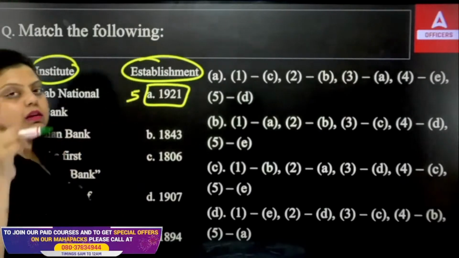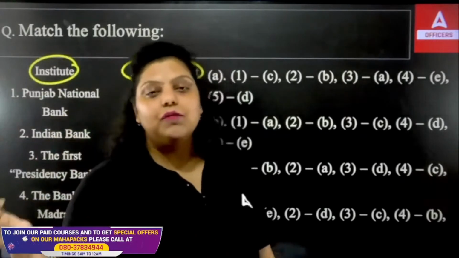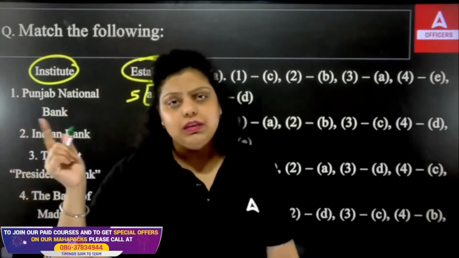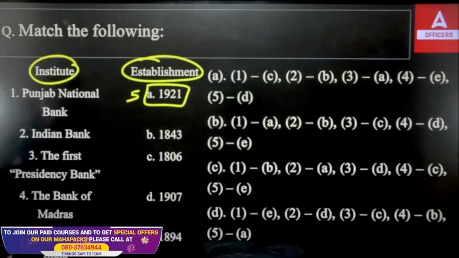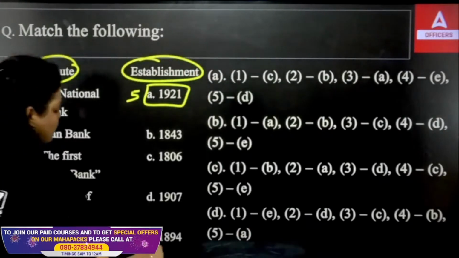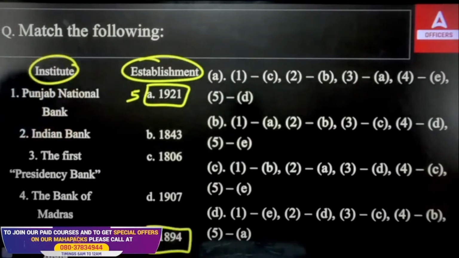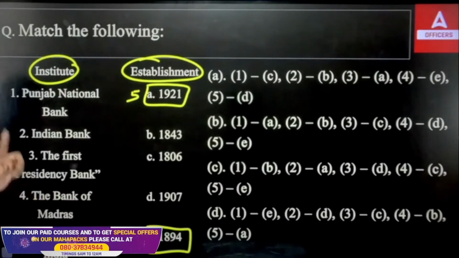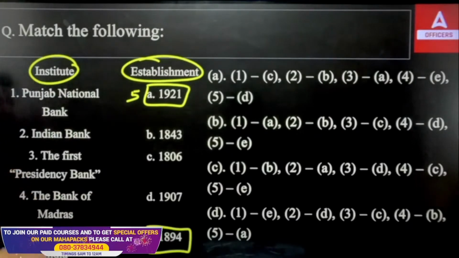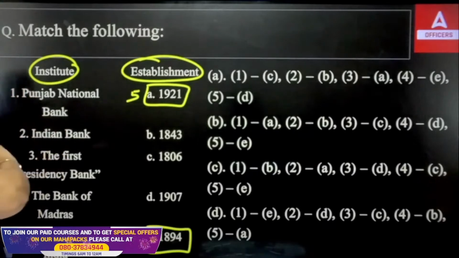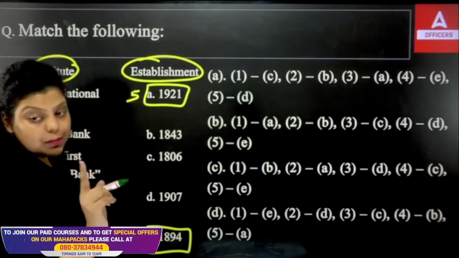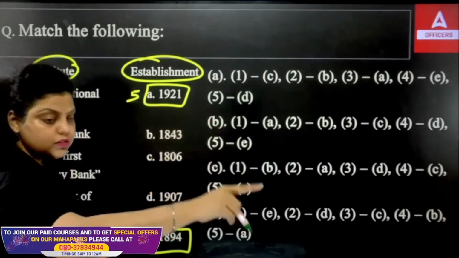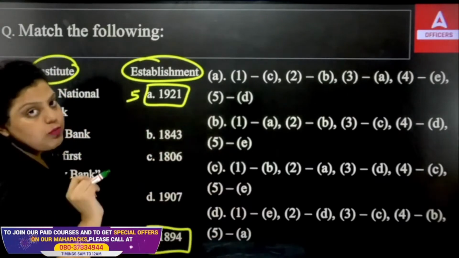Because after the merger of all the presidency banks, we created Imperial Bank of India. So I remember the year. Now, do I know Punjab National Bank? Yes, I do. Punjab National Bank was established in 1894. Okay, it stayed in Pakistan also after the independence for 1 year. Next, the first presidency bank, I even know this. The first presidency bank was the Bank of Calcutta, but its name was changed in 1809. That was Bank of Bengal.